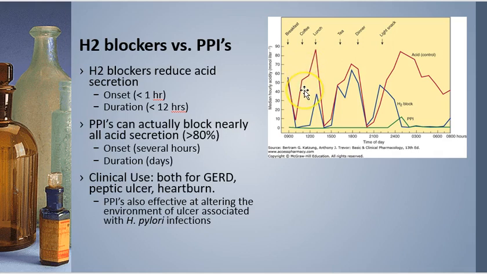When the patient is placed on an H2 blocker, this second line right here denotes the amount of stomach acid that's found when the H2 blocker is on board. So you definitely see a reduction in the amount of stomach acid, but it's still high. Okay, this is in contrast to this green line, which is way at the bottom.